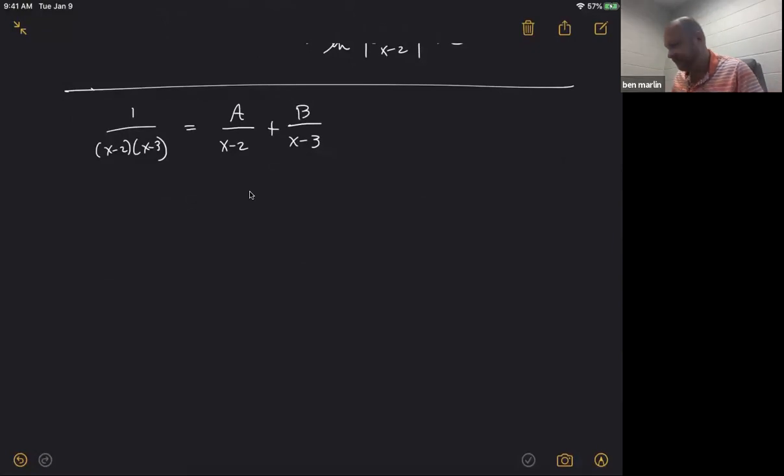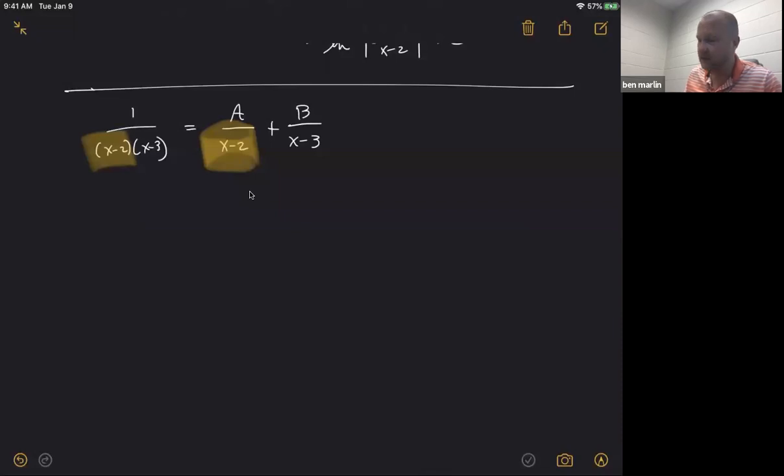So if we look over here on the right-hand side to this bit that has the x minus 2 there, I'm going to come over here to the left-hand side and cover up the x minus 2, right? Now, what is a bad value to have plugged in for x in that x minus 2? 2, right?